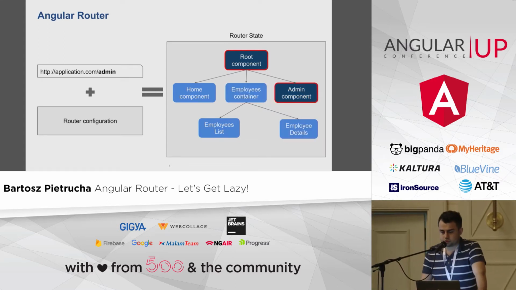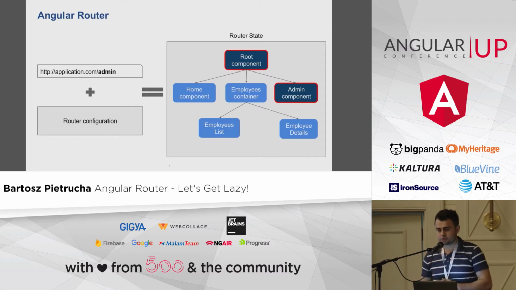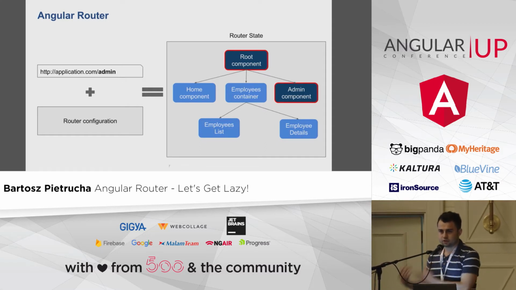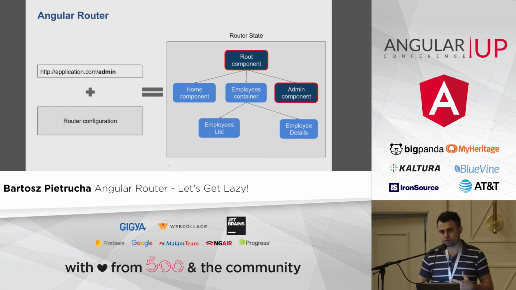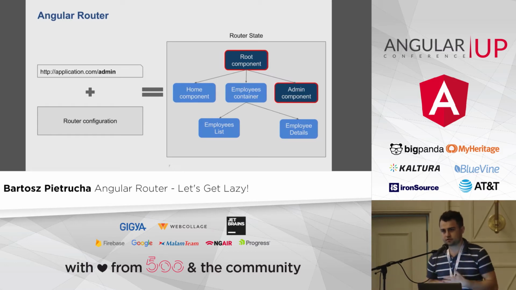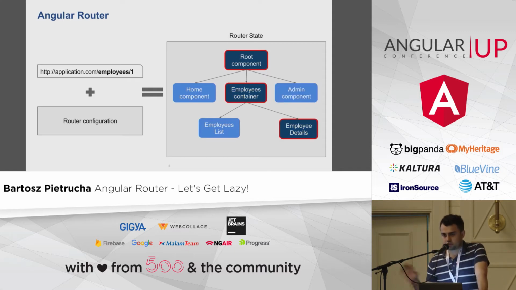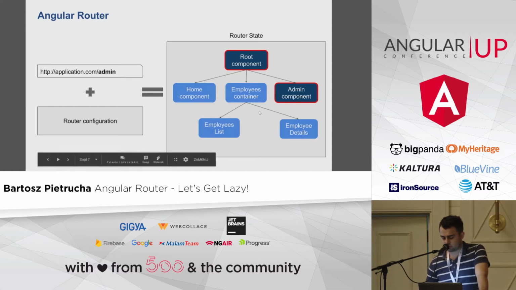If the user switches to a different view, a different state, the router state would change. And then accordingly, the component tree would update itself so that the application state would follow the router state. As you can see, when I switch those two views, the router state changes. It's still a tree. These are all the possible router states, but they are always matched against the URL and the configuration.